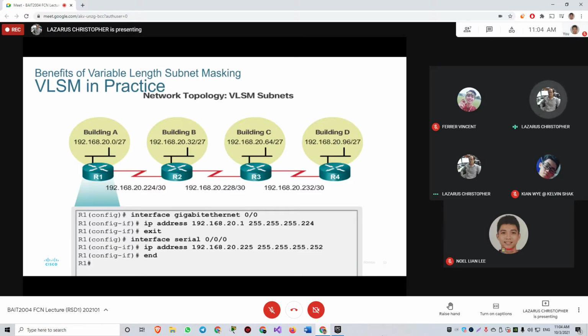So basically you are able to create a network and configure the network.